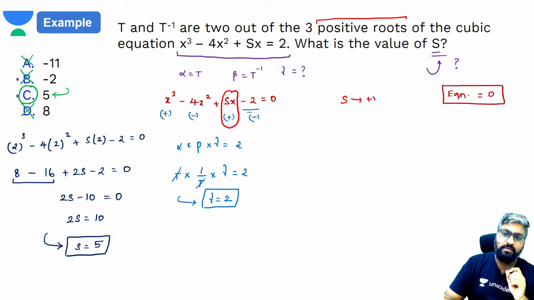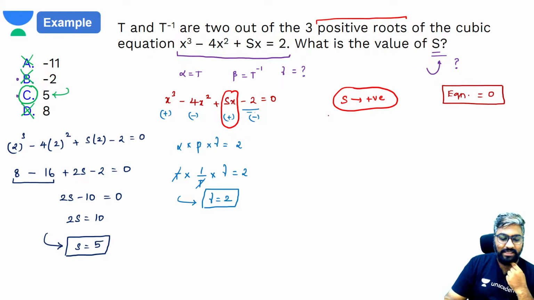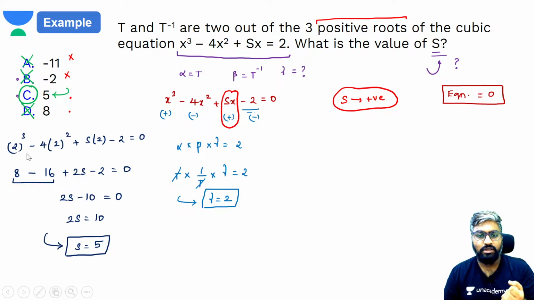If the value of S must be positive, then there is no scope of -11 and -2. You either have -5 or you have 8. Understood?